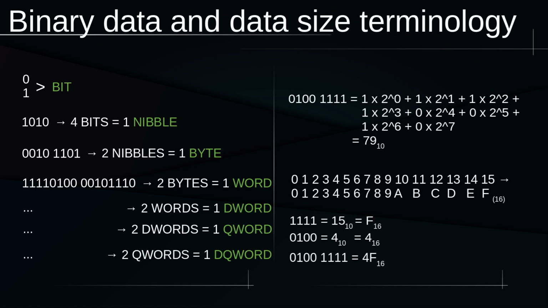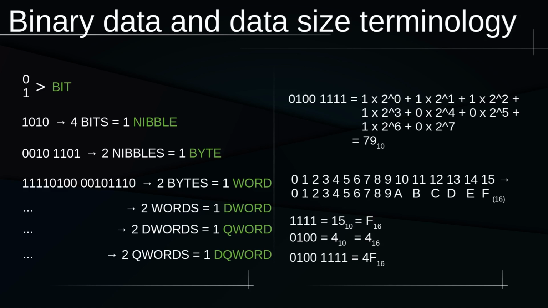Okay, so let's start with binary data and data size terminology. As I've said in the previous video, the only thing a computer basically understands is 0 and 1, which actually translates into electrical impulses or voltage. So 0 means there's no voltage and 1 means some positive voltage.